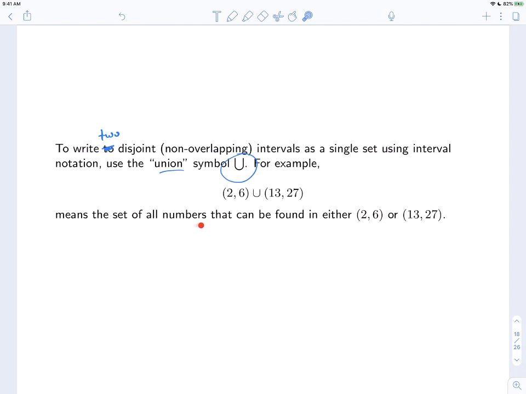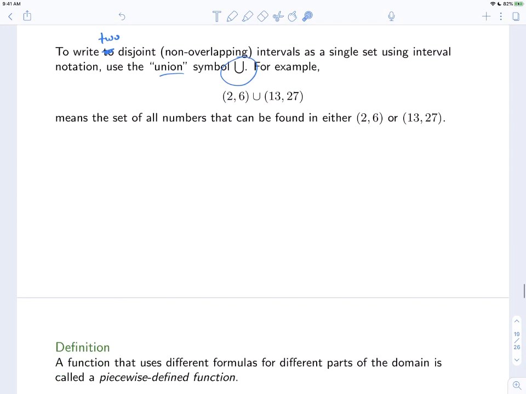So this is the set of all numbers that can be found in either 2 to 6 or 13 to 27. So again, you should think of this union as an OR. x can be in one set or the other. You're picking any of the x's, so it's any x that comes from here or it could come from there.